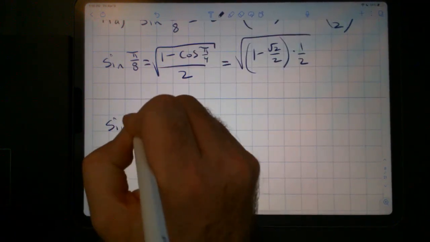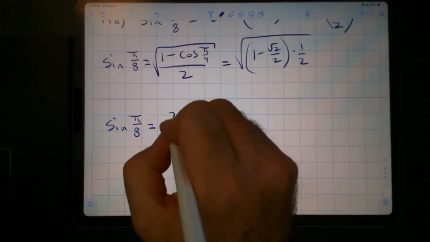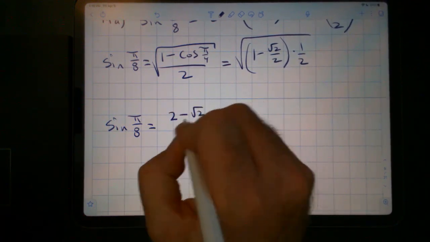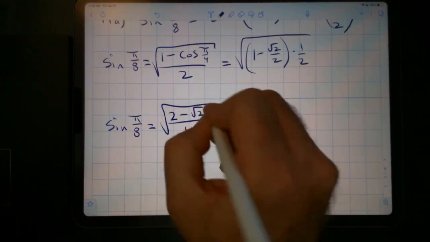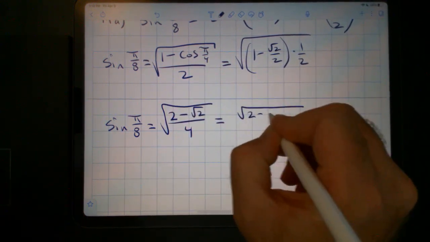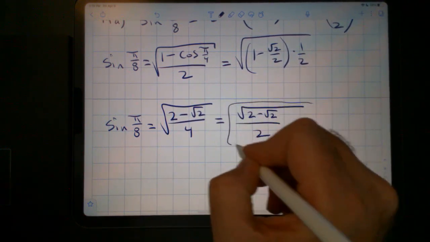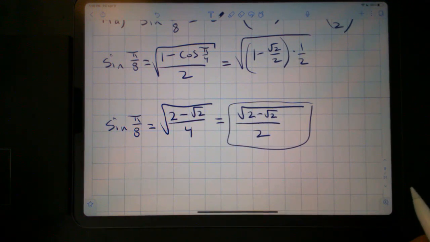So sine of pi over 8 is equal to the square root of 2 minus radical 2 over 4. So this is the square root of 2 minus radical 2 all over 2. An unusual looking number, but there you go.